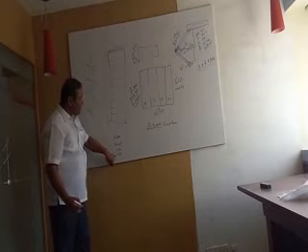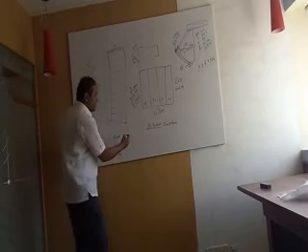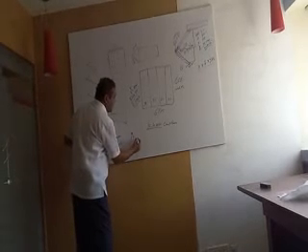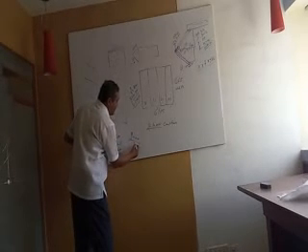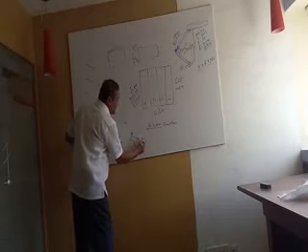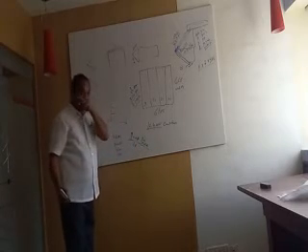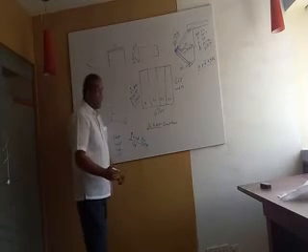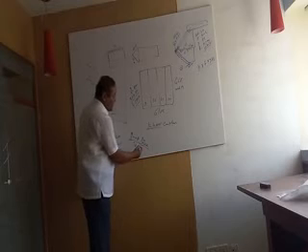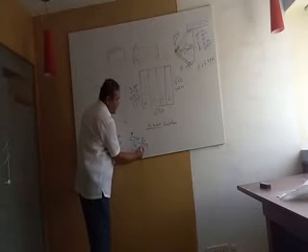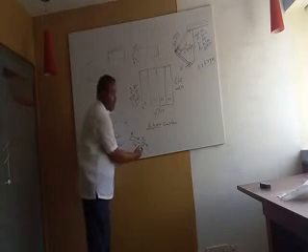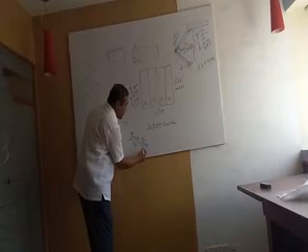If we take 9,000 liters per second divided by 10 LPS per pump, that is 900 pumps. 900 into 1.6 amps is 1440 amps.